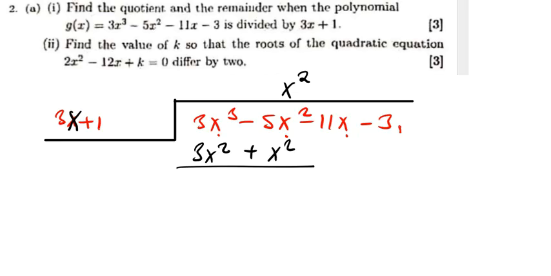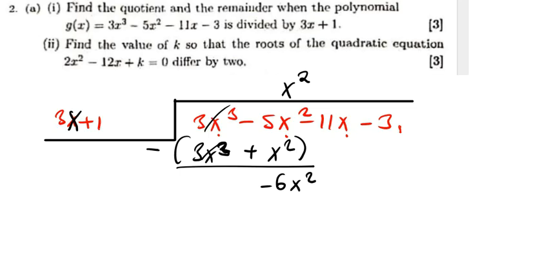Then we subtract. This is supposed to be to the power 3, not 2. So this is 0, they cancel out. Then I'll have negative 5x squared minus x squared, that is negative 6x squared.